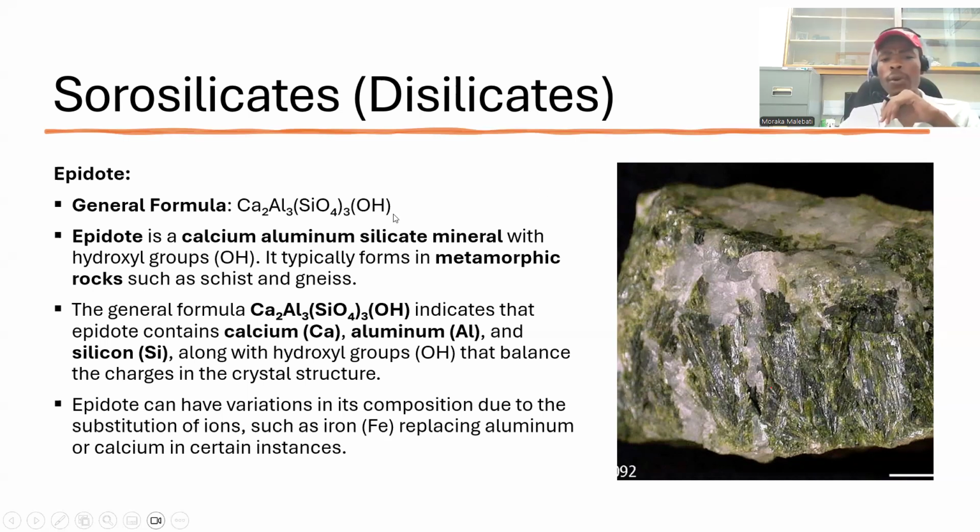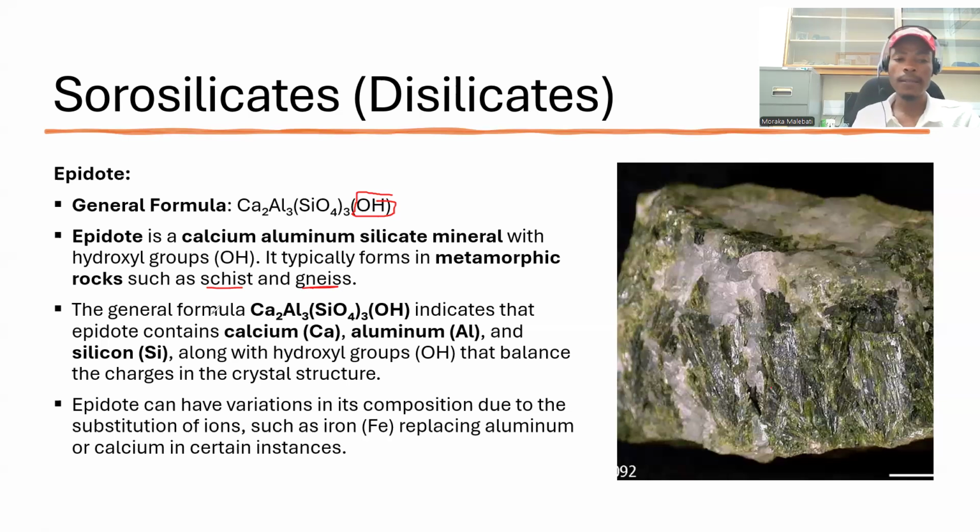So the epidote has this general formula. Epidote is a calcium aluminum silicate mineral with hydroxyl group, which is why you are having this hydroxyl group. It typically forms in metamorphic rocks such as schist and gneiss.